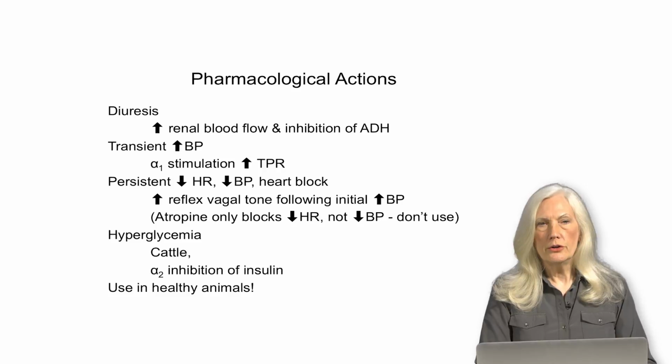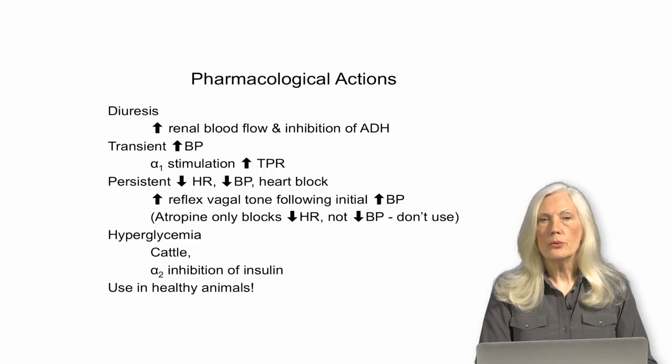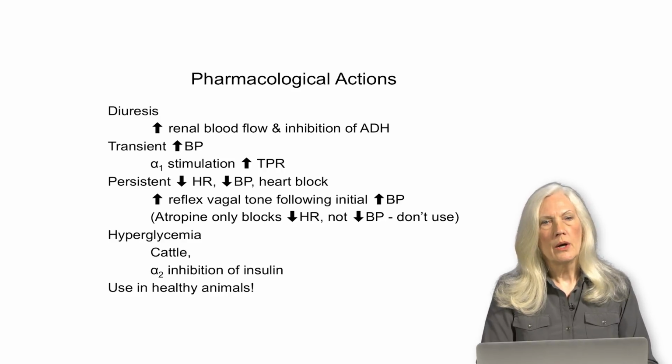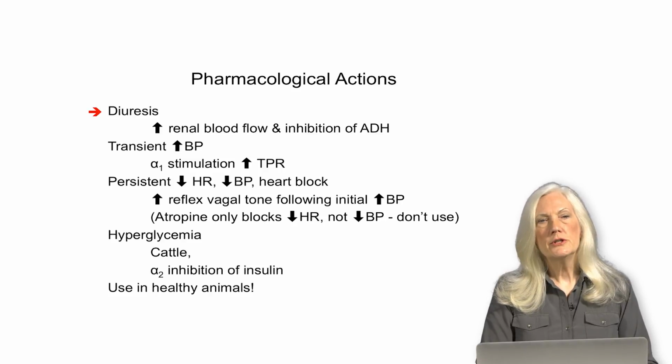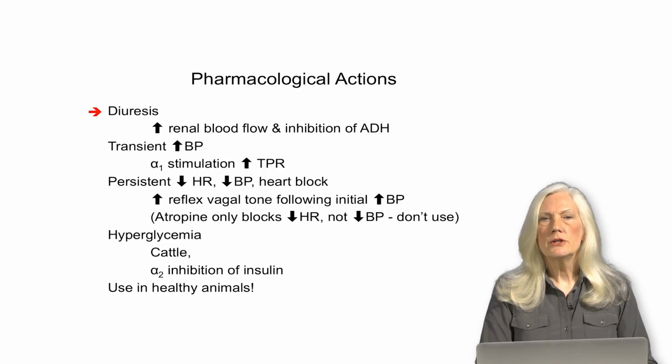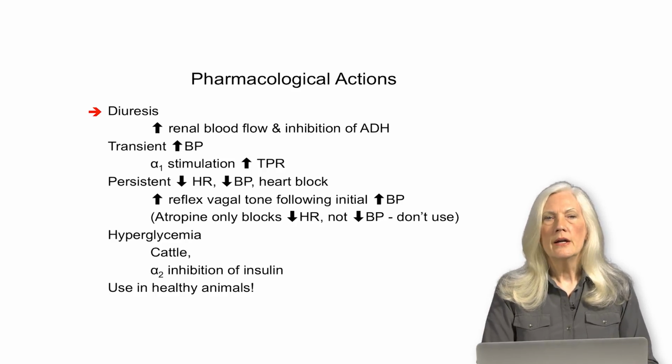There's an increased urine output, or diuresis, in response to xylazine. This is likely due to an increased renal blood flow and inhibition of ADH. After injecting an alpha-2 agonist IV, its concentration in the circulation is so high that it acts non-selectively to activate all alpha receptors.